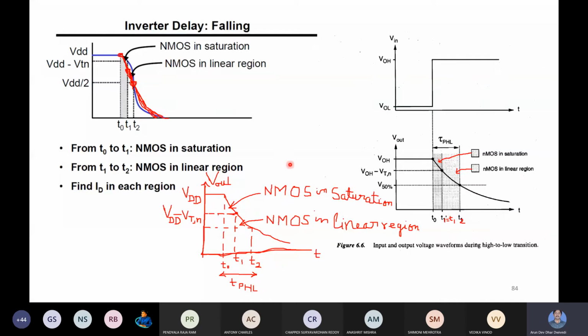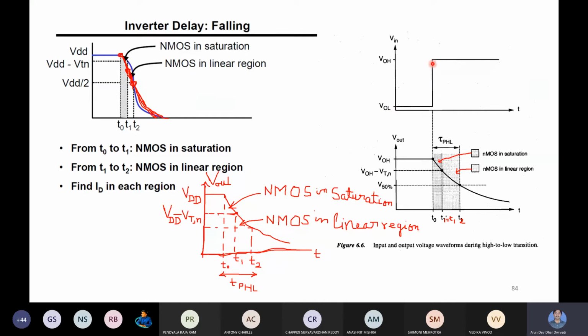We have already done this, but again, if you want, we can recall how it is calculated and how the differential model is used. We can see that the output is switching from minimum to high condition. Input is switching from low to high. The low value is VOL, which is 0, and the high value is VDD.